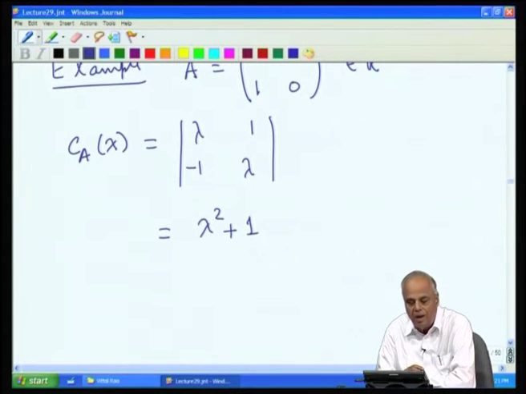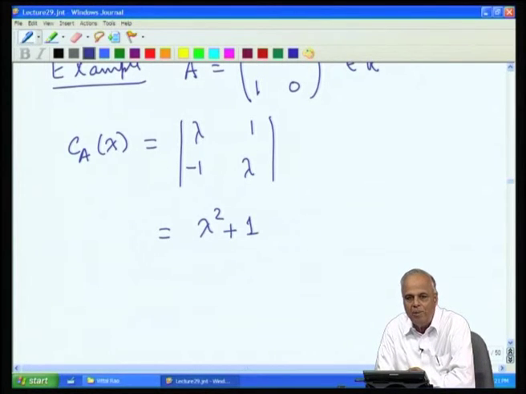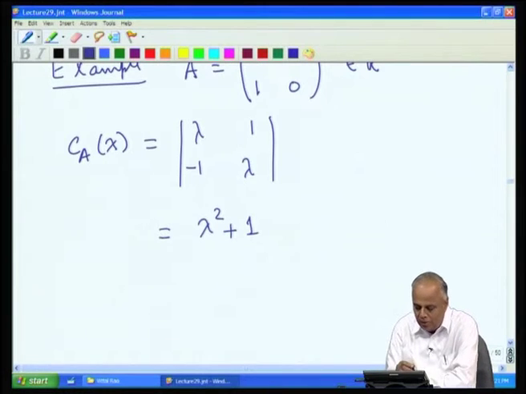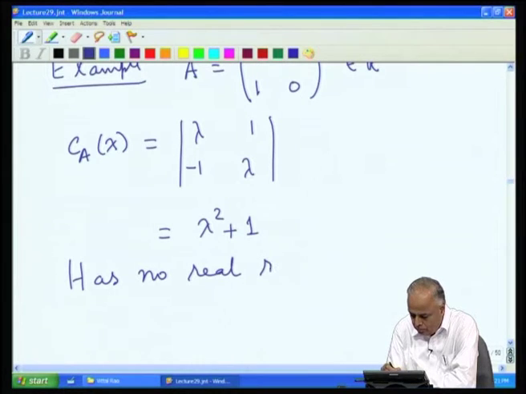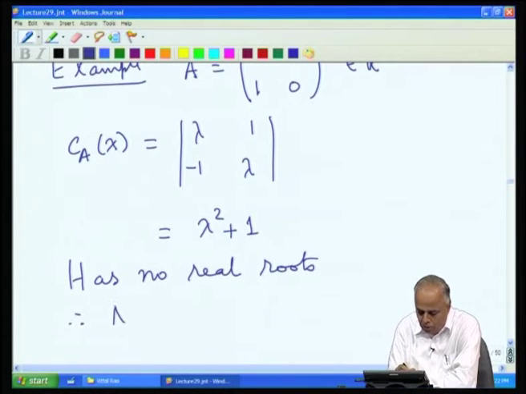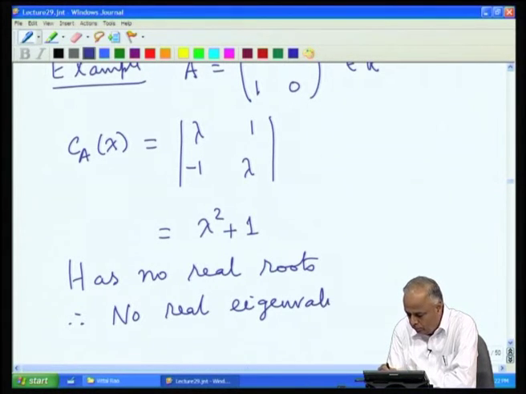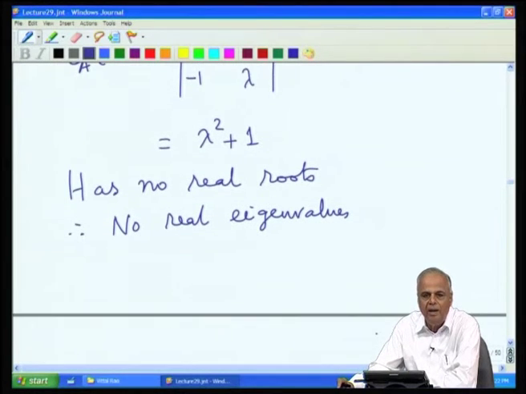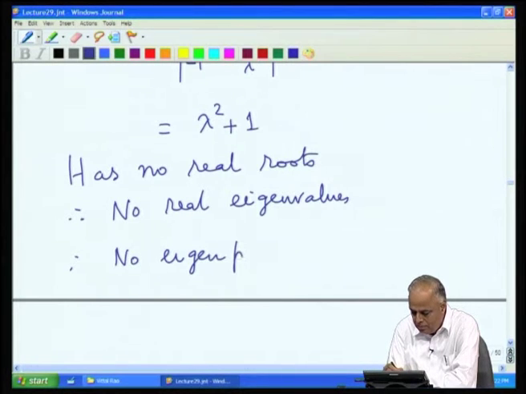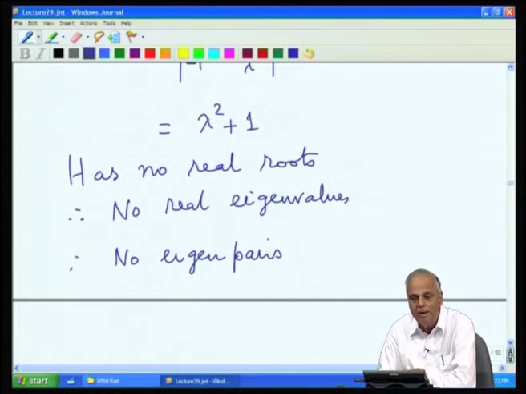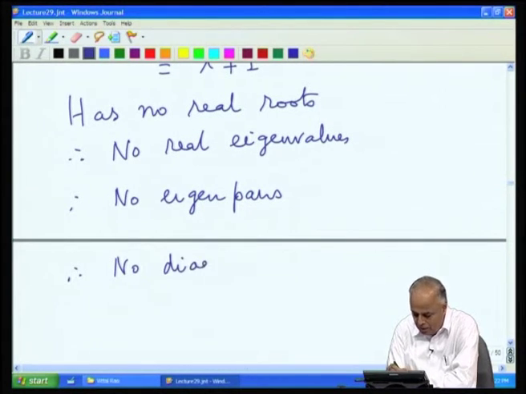If you are working in R, we are looking for real roots of C A lambda, but lambda squared plus 1 equal to 0 has no real roots. Therefore, no real eigenvalues. The moment you do not have any eigenvalues, you have no eigenpairs. The moment you do not have an eigenpair, there is no diagonalizability over R, because we are looking at R.